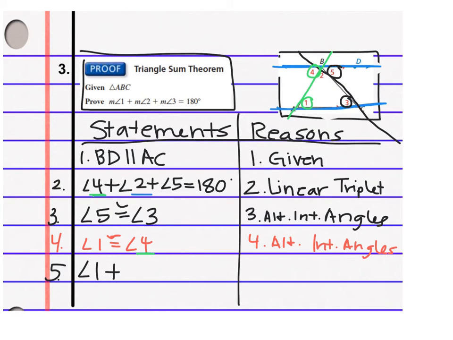I'm going to keep angle 2, and then angle 1. Then angle 5 is congruent to angle 3, so I'm going to change these two. I'm basically using substitution.